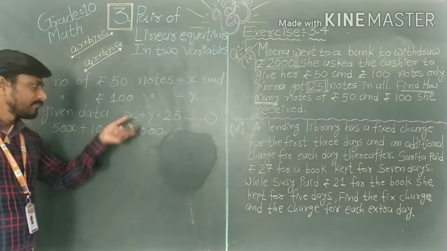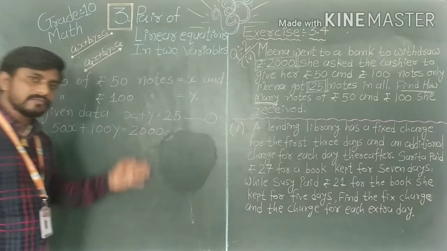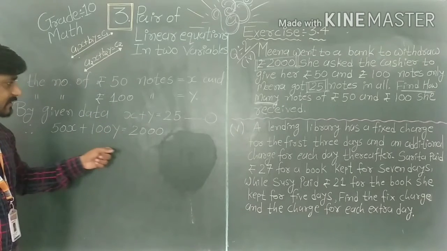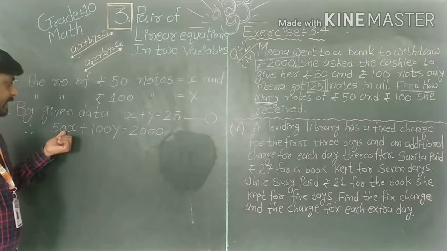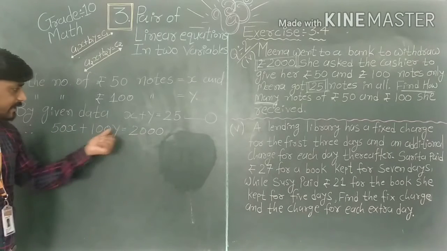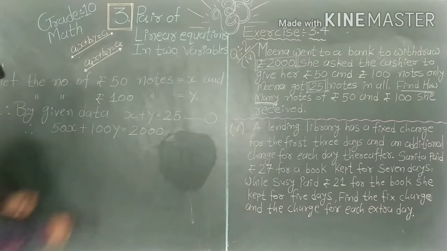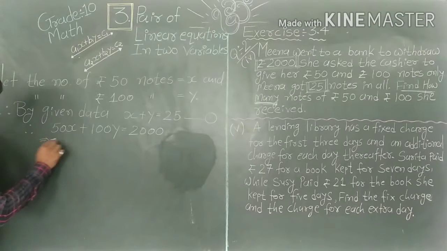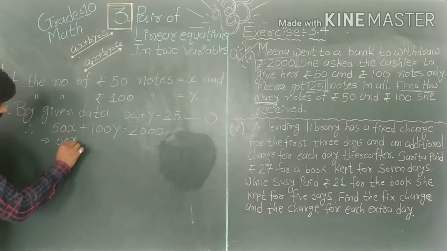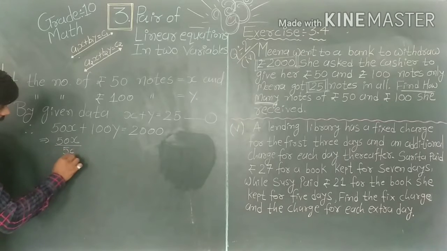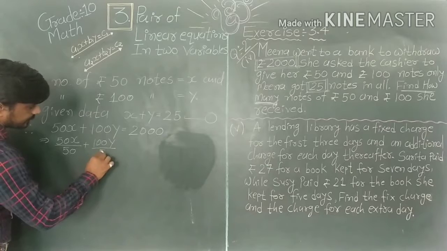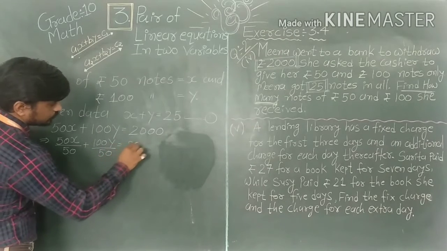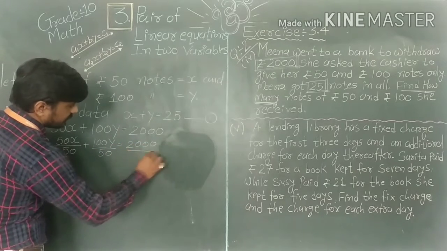This is our two equations. Now we solve and get the values of x and y by the elimination method. First of all, if I divide all three terms by 50, then 50x upon 50 plus 100y upon 50 is equal to 2000 upon 50.